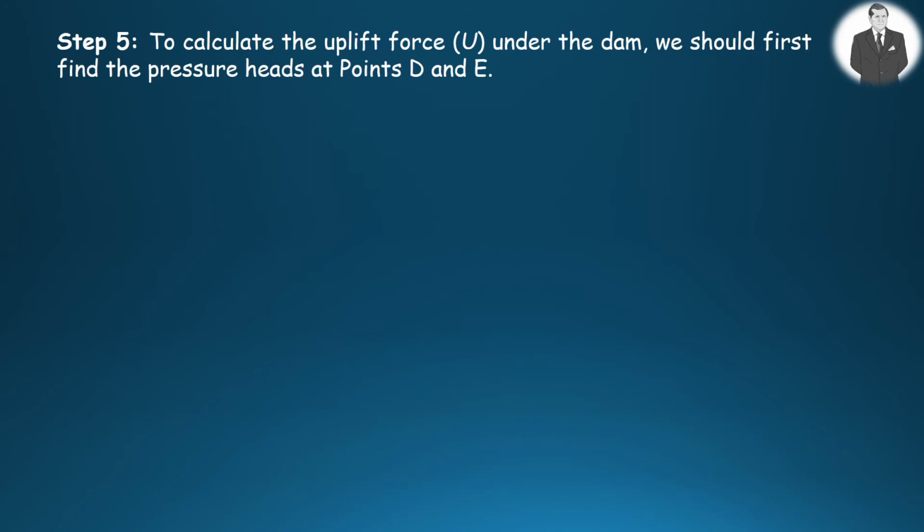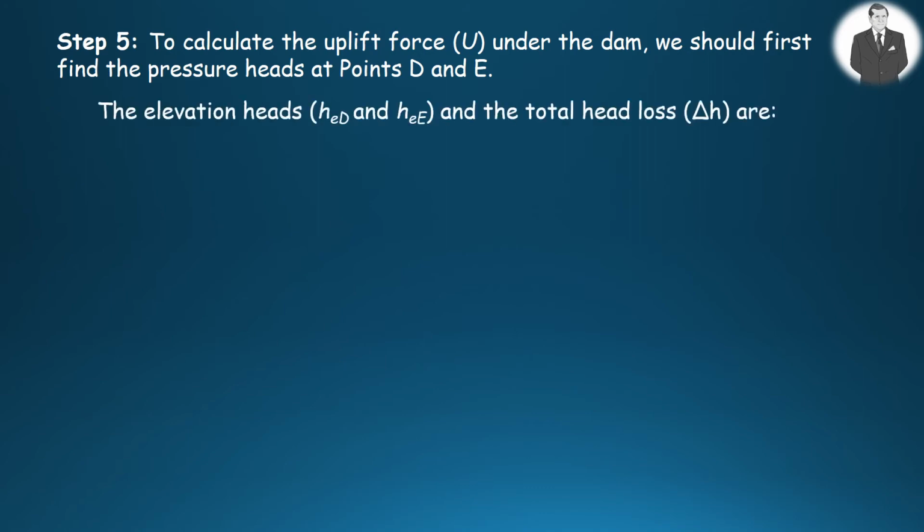As a final step, let us compute the uplift force under the dam. As stated before, we should first find the pressure heads at point D and E. To do this, we need to find out the elevation heads and the total head loss.